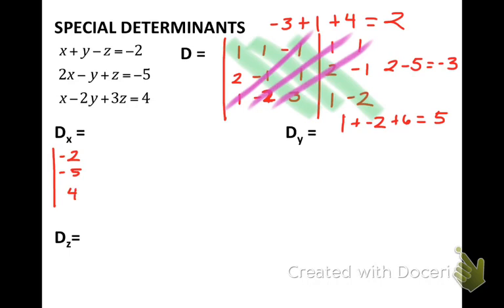And then everything else will stay the same. 1, negative 1, negative 2. Negative 1, 1, 3. And then I'm just going to rewrite the first two columns. So negative 2, negative 5, 4, 1, negative 1, negative 2. Go ahead and work through that, see if you can find the determinant, and see if we all get the same thing.